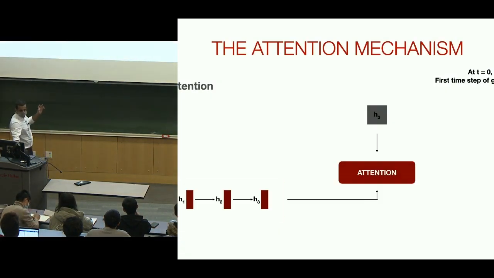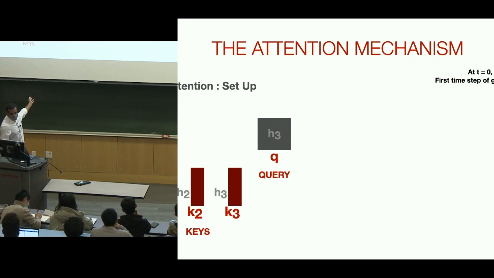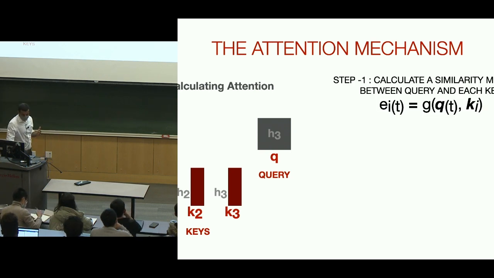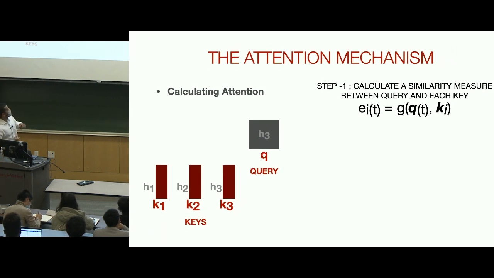Basically the aim here is to show that there are two kinds of inputs to the attention mechanism. One coming from the encoder, one coming from the decoder. The ones coming from the encoder are called keys, and the ones coming from the decoder are called queries. So now let's see how we calculate attention. Something Bhiksha covered, I'll try to keep the notation the same.